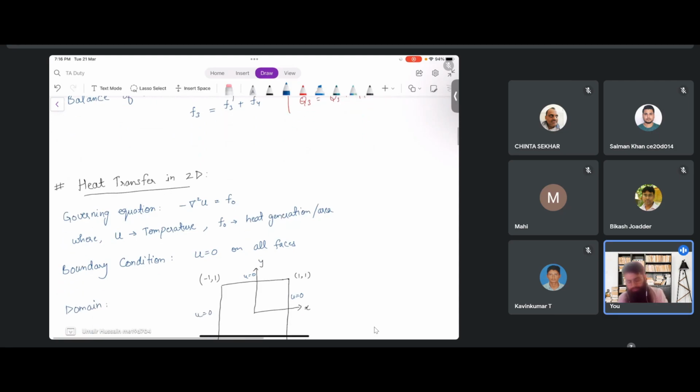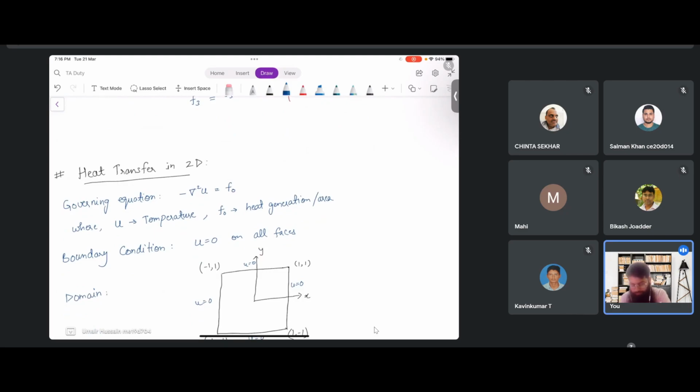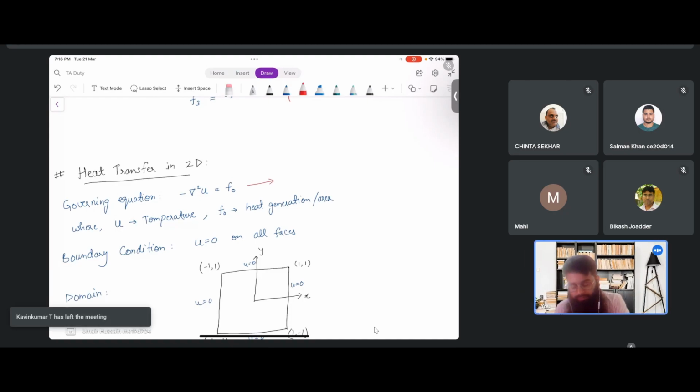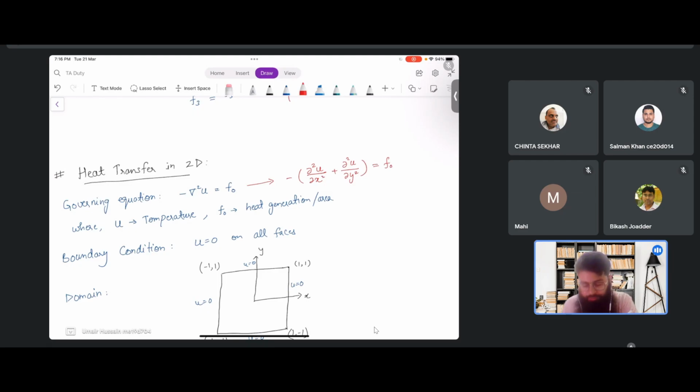We might have discussed the differential equation for the heat transfer problem before also. This is what it should look like in terms of vectors. I'll expand this term here, where U is our temperature and F naught is heat generation per area, basically heat generation density.